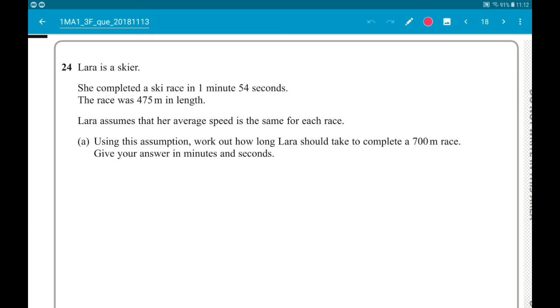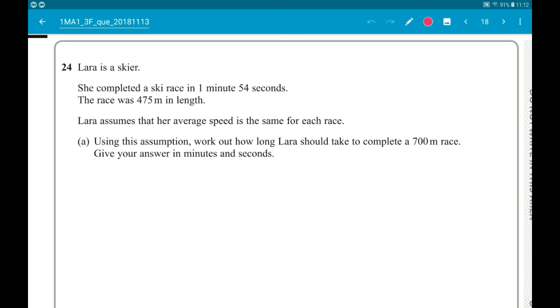Okay, so the way that I did this is to, first of all, work out how long the first race took her in seconds. So 1 minute is 60 seconds, 60 add 54 is 114 seconds.